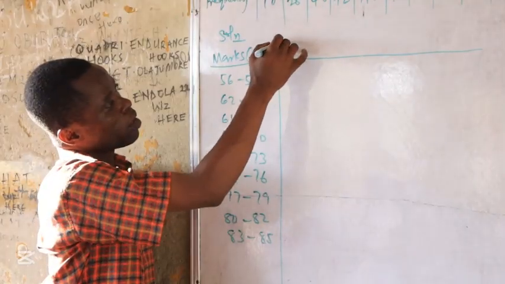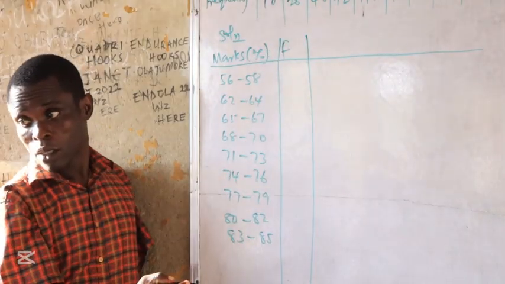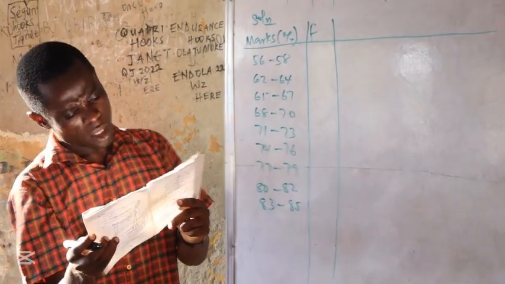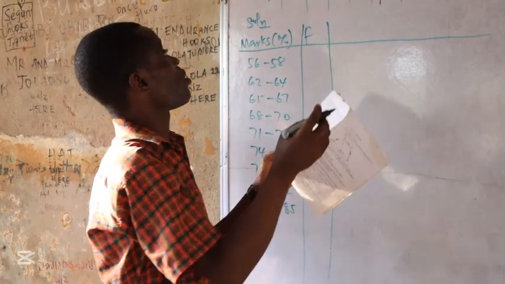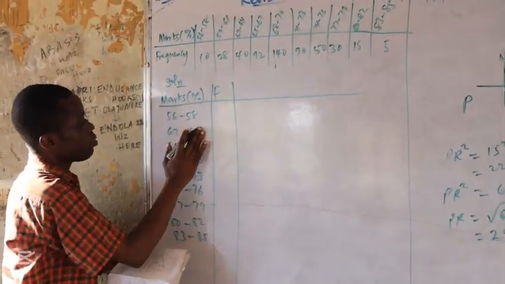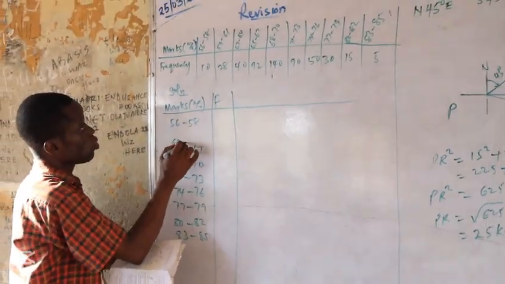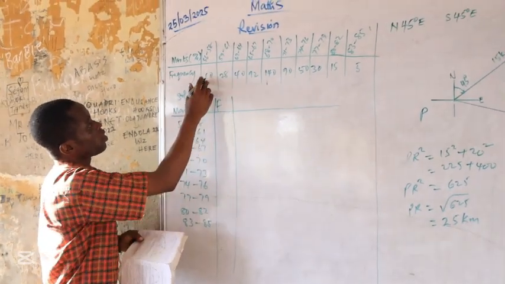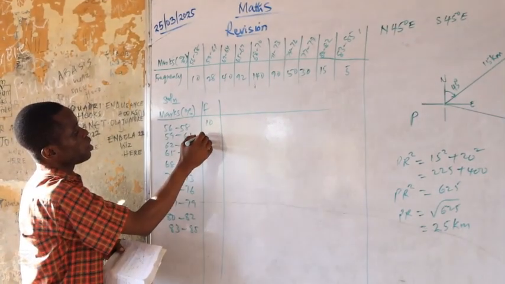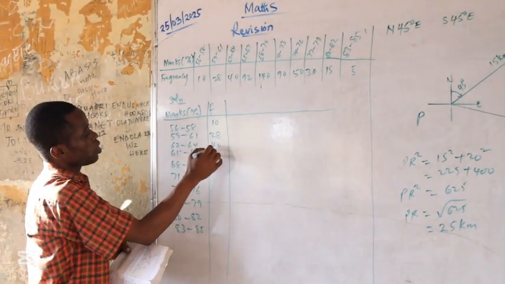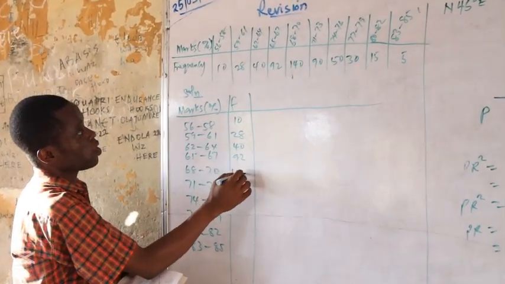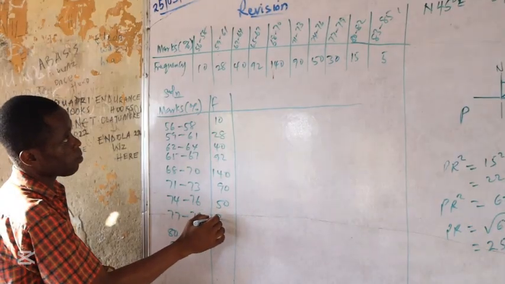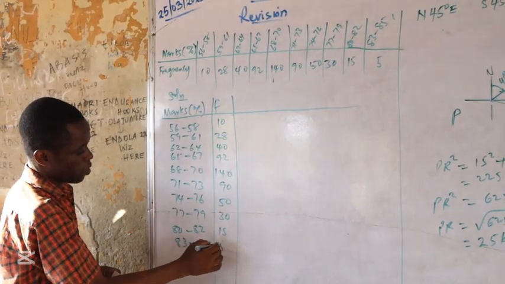We have frequency: 5, 15, 30, 50, 90, 140, 92, 40, 28, and 10.